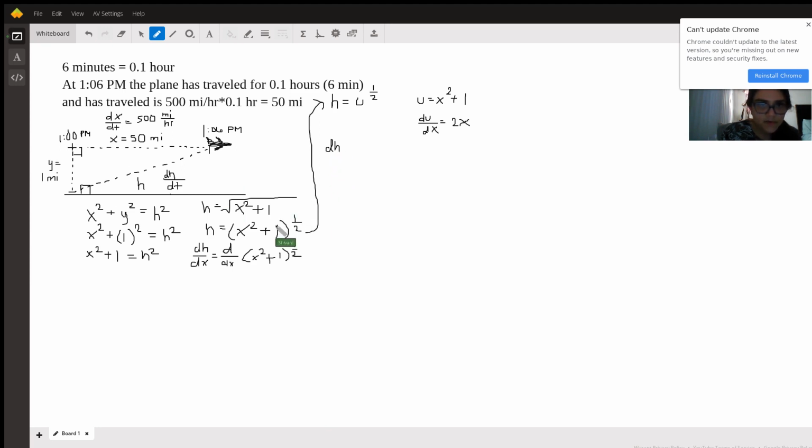So now we can write dh over dx in terms of u.